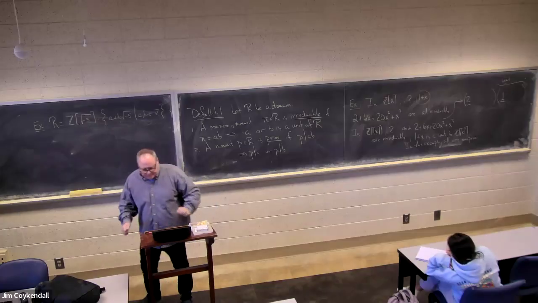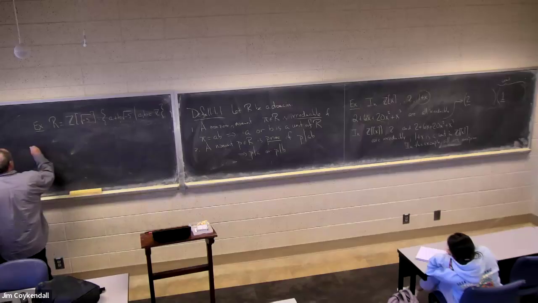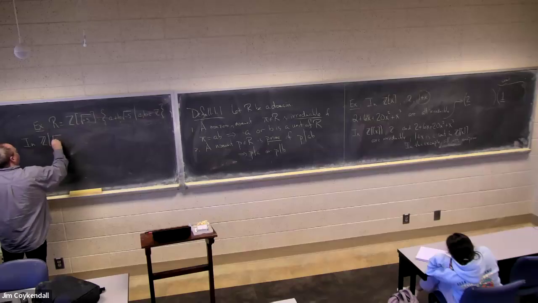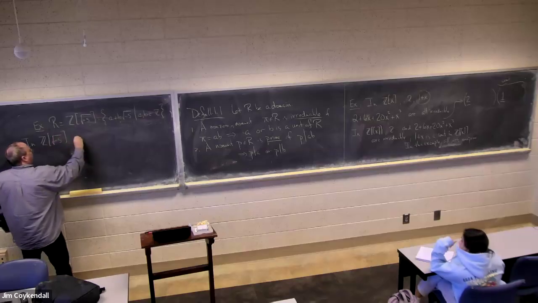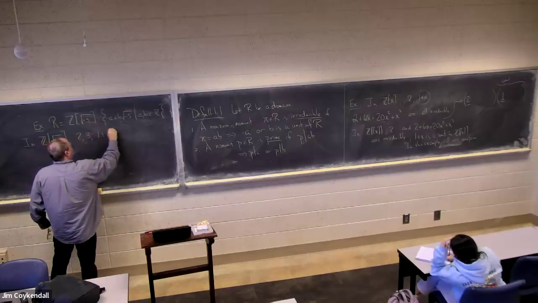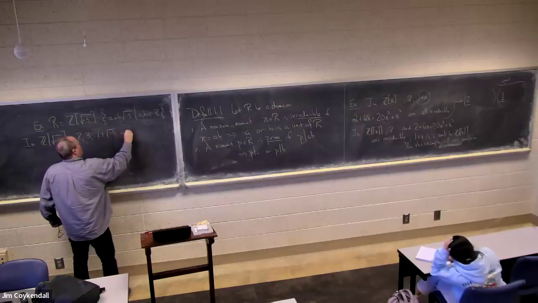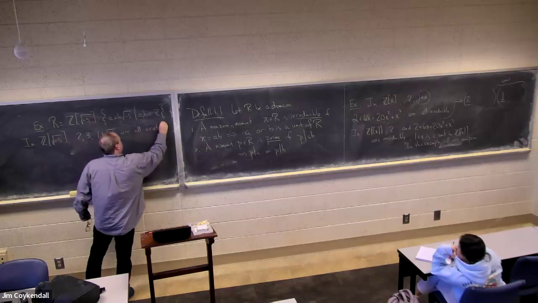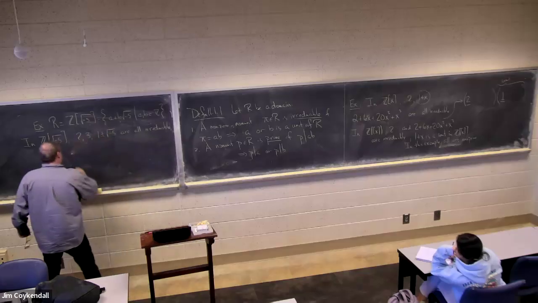In this ring, and I think you actually proved this on your last homework, 2, 3, and 1 plus or minus the square root of -5 are all irreducible, but not prime.